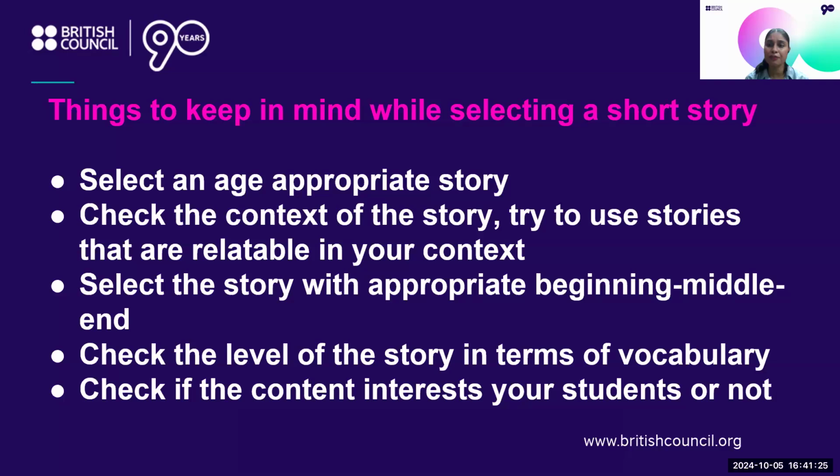However, if the grades are, say, the middle grades or the senior grades for that matter, then probably moving on to different contexts and giving them a different viewpoint and giving them that opportunity to know about different contexts can be a great idea. So we can concentrate on the context as per the grades that we are teaching. So context is also one of the major factors while selecting a short story in the classroom.